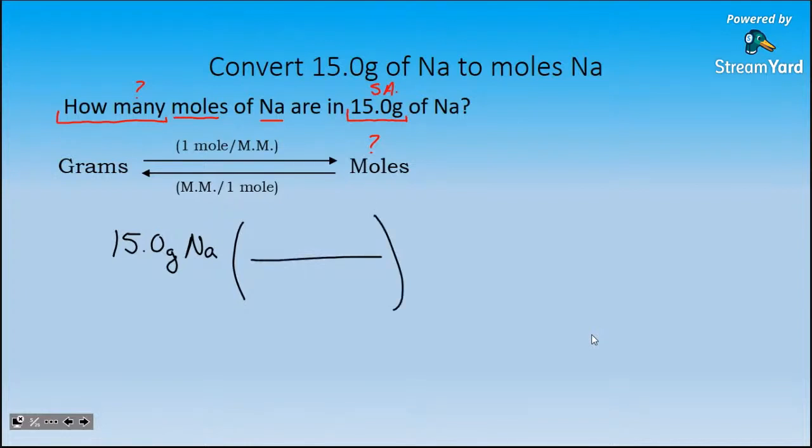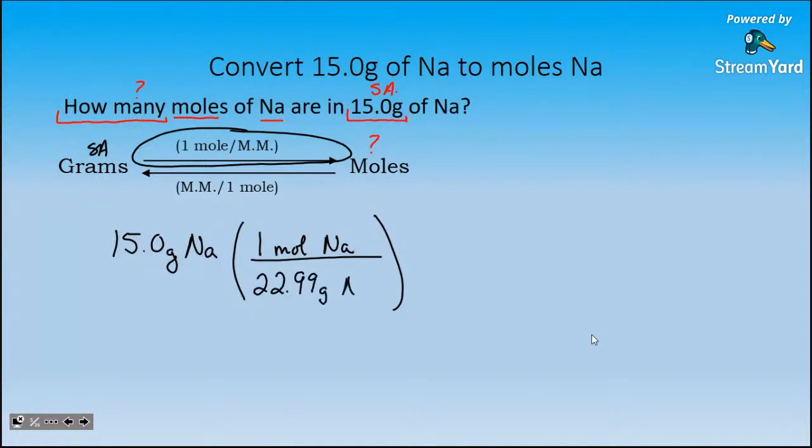And again, because I'm starting with grams and converting to moles, I'm going to take this upper road of 1 mole per the molar mass. So on top, or in my numerator, 1 mole of sodium per the molar mass of sodium, which again is going to be that 22.99 grams of sodium that we look up from the periodic table.